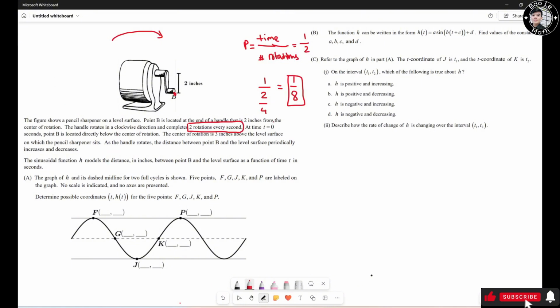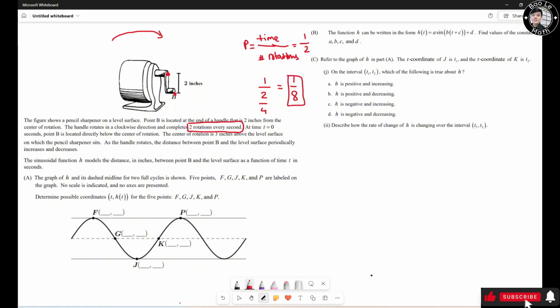Now, at time t equals 0 seconds, point B is located directly below the center of rotation. So here's the center of rotation, and point B right here. The center of rotation is 3 inches above the level of the surface, right?